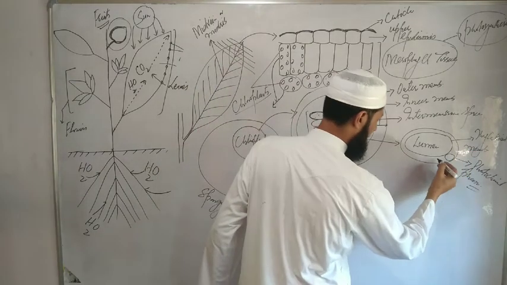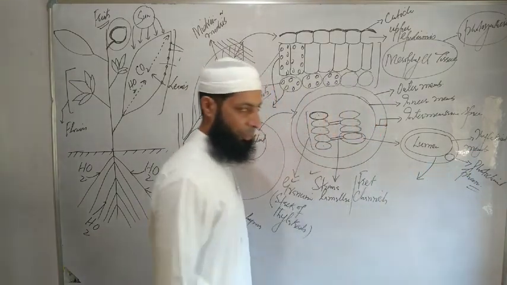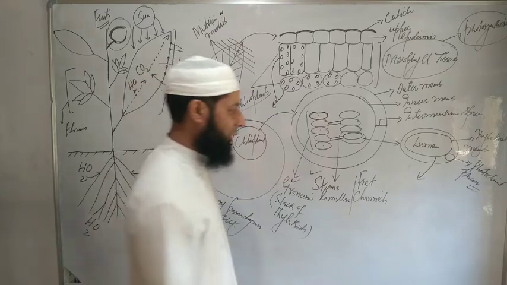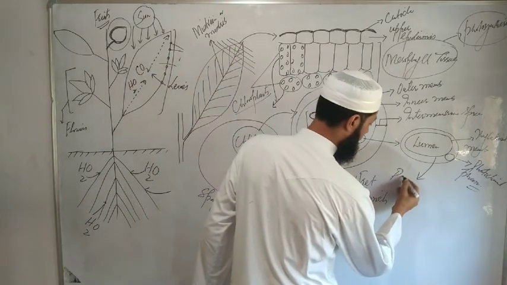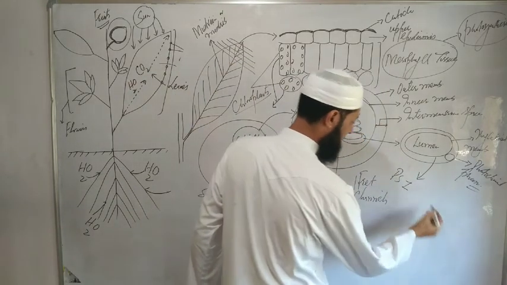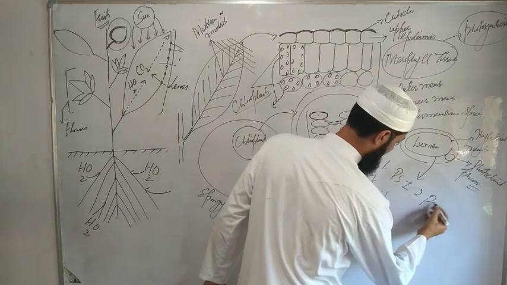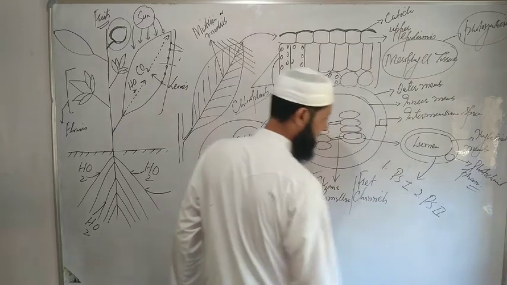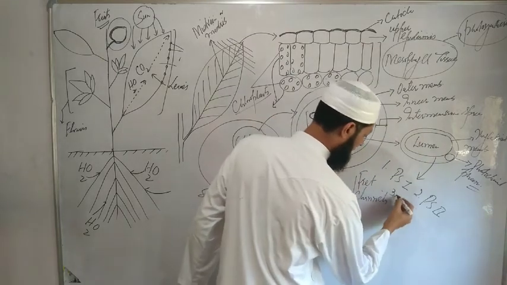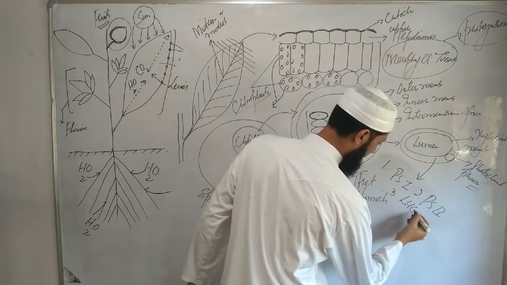This thylakoid membrane bears pigment systems in the form of photosystem first, PS first, and photosystem second, that is PS second. It also bears the third one, that is light harvesting complexes.